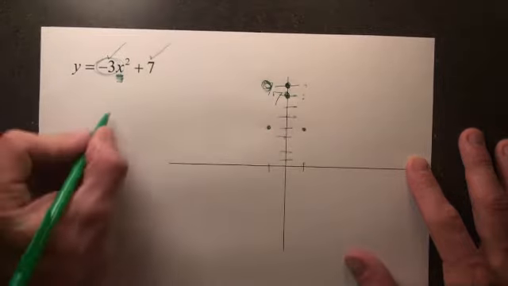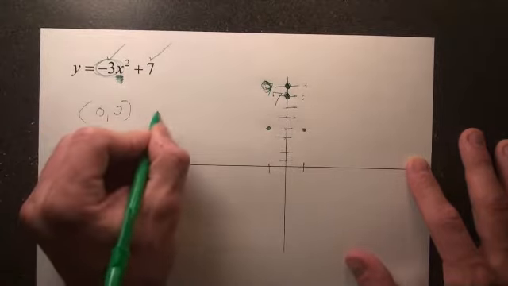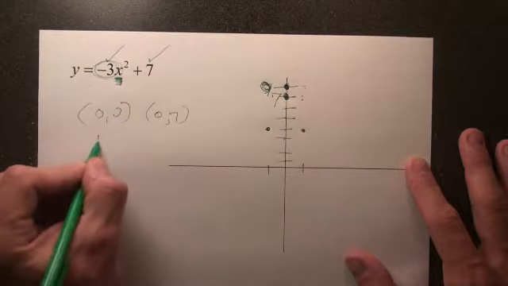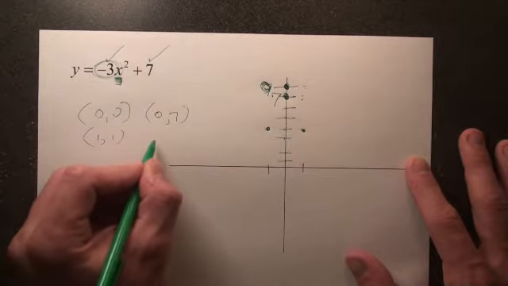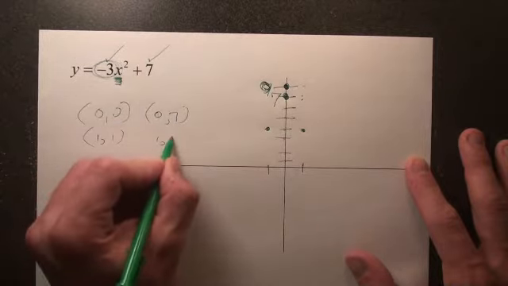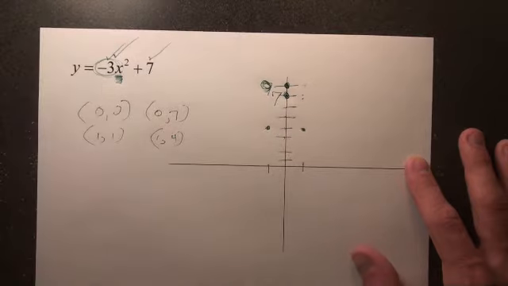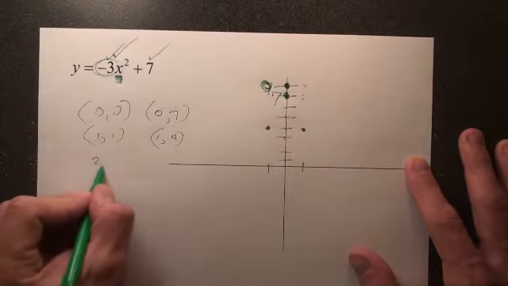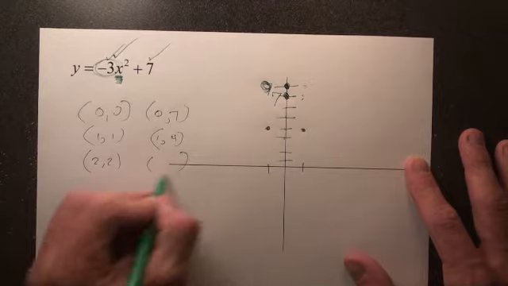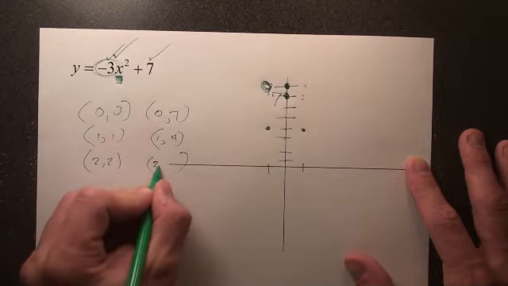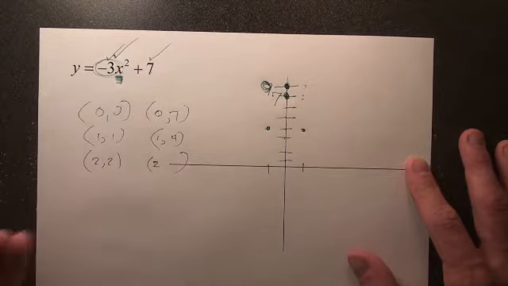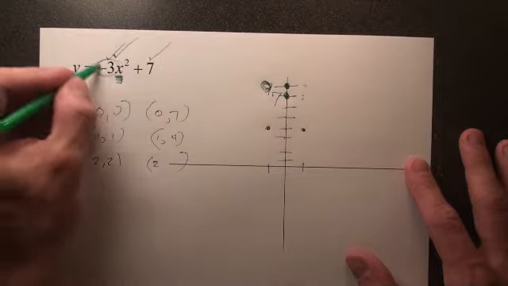Now, so we got 0, 0 became 0, 7. 1, 1 became 1, 4 because we went down 3. Now, instead of 2, 2, guess what? 2, right? And what are we going to go down?